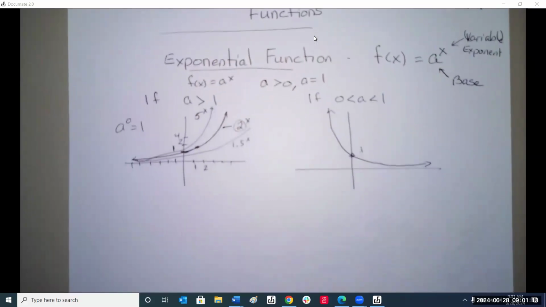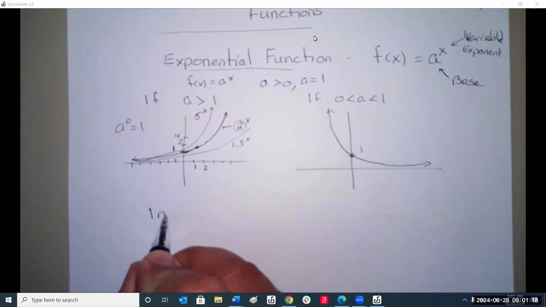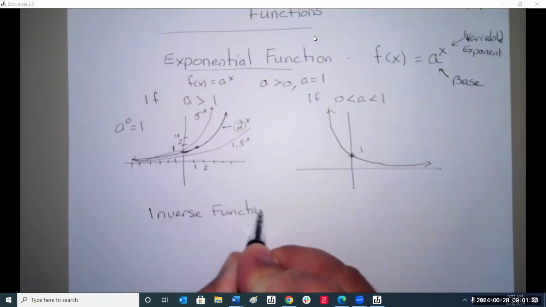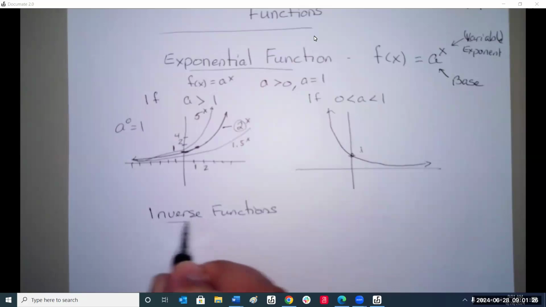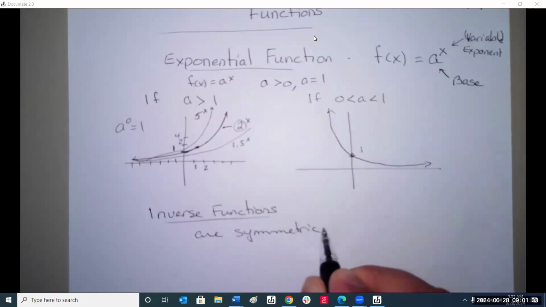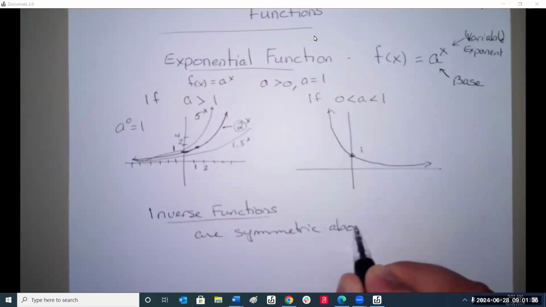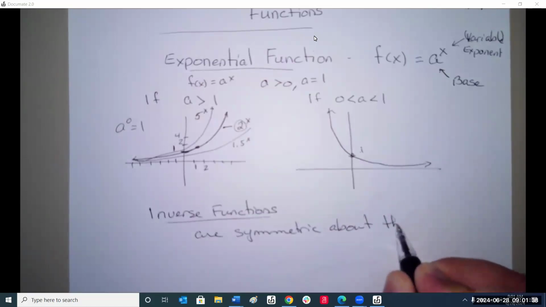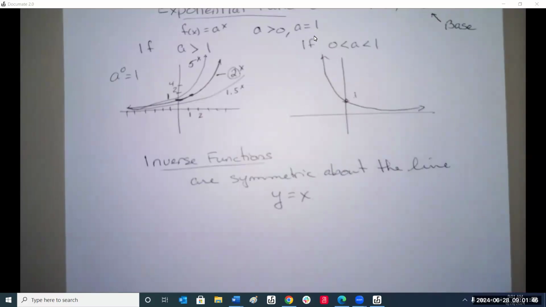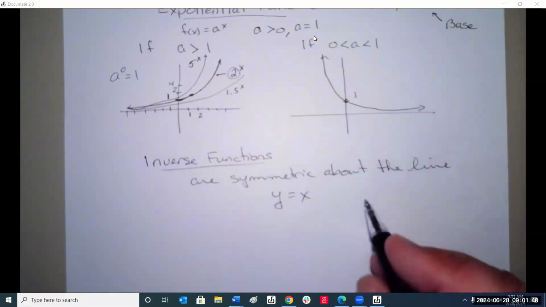And remember yesterday we talked about inverse functions and how inverse functions are symmetrical about the line y equals x. By symmetric, I mean reflective.